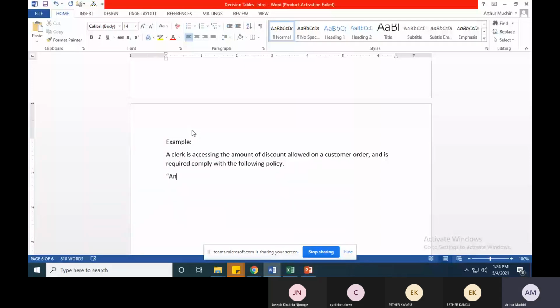In quotes, any order of Kenya shillings 500 or more received from a creditworthy customer attracts a discount of 5%.